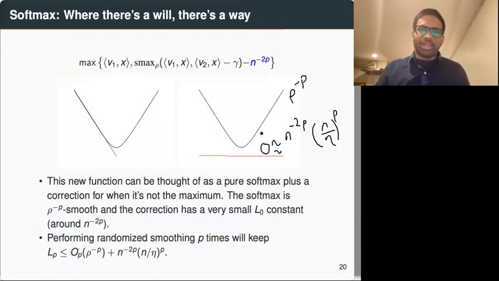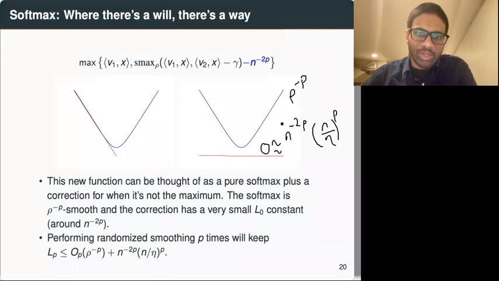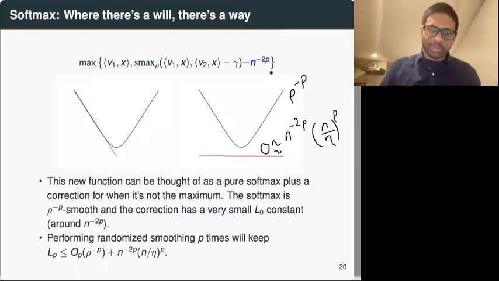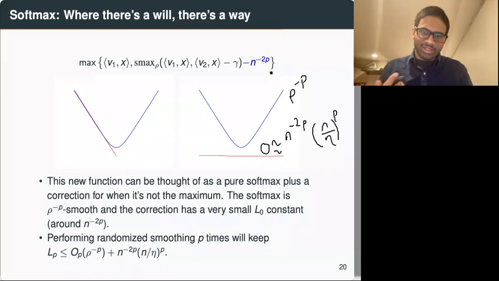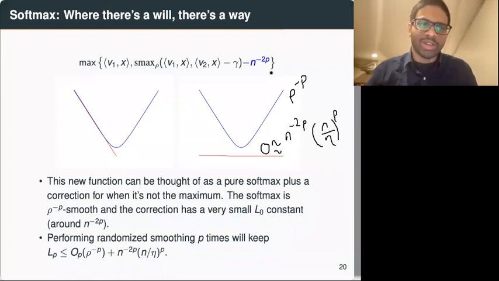And so we finally managed to come up with a function such that its LP constant is approximately rho to the minus p, which is approximately gamma to the minus p. It also has this hybrid property that in our first query, you're only going to learn about V1. In our second query, you're going to learn about V2, and so on.